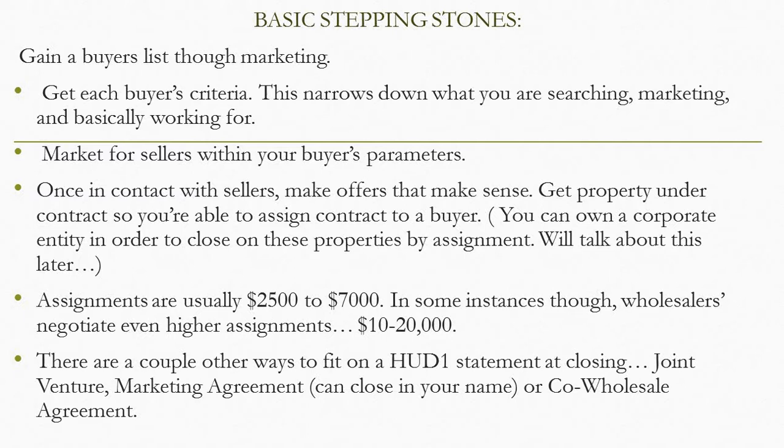Right. If you made $7,000 per deal, one deal a month, would that not supplement your income? $7,000 in 10 months, that's $70,000, right? So I think that this business is worth it.